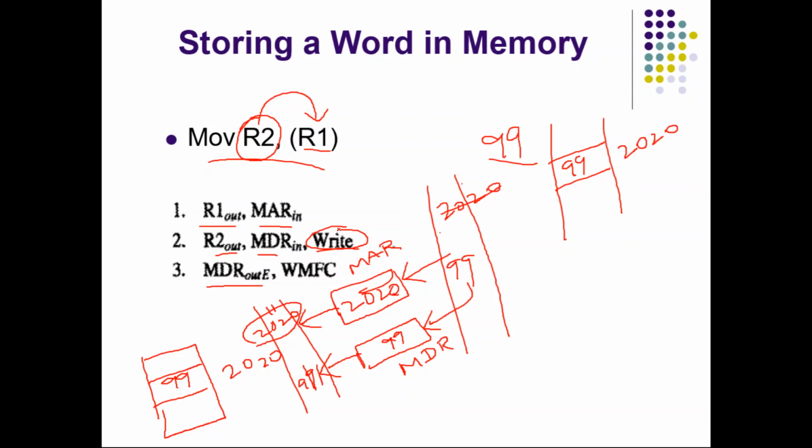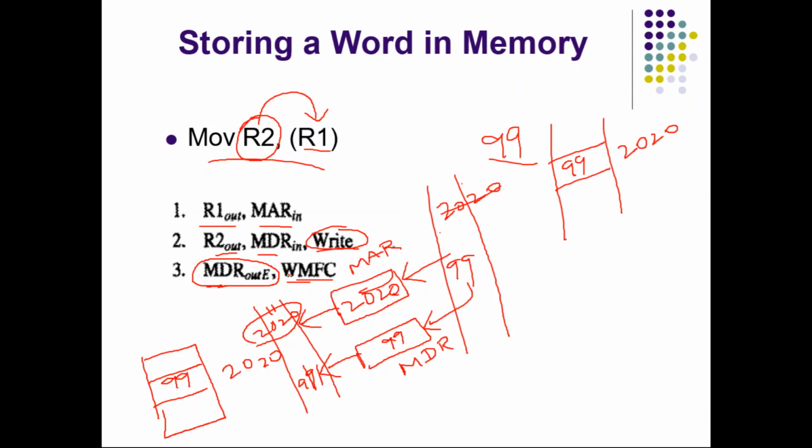Once everything is done, then what will happen? The MFC, memory function complete, will be activated. Then you have to perform the actual write, MDR out E. Then MDR out E should be enabled, but we are doing it in the reverse way. First we are enabling MDR out E and then we are giving WMFC, that is, wait for memory function complete.